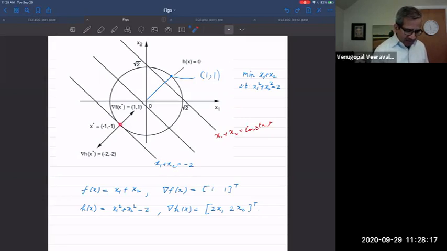So the minimum value that this function can take is -2, and that occurs at the x star, the minimizer. The minimizer is at -1, -1, which satisfies the sphere constraint and minimizes x1 plus x2.